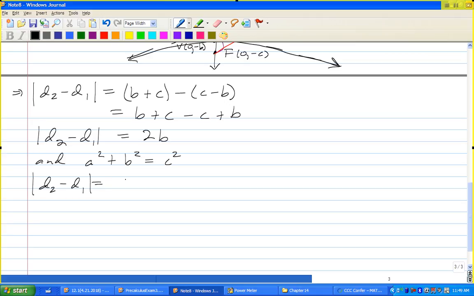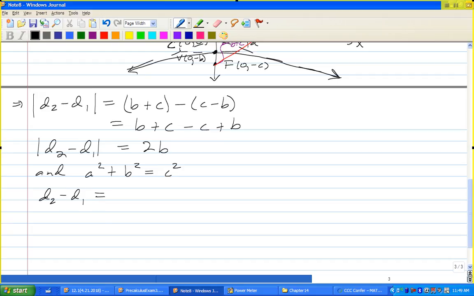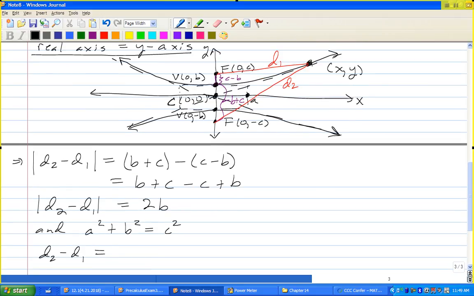Well, in this picture, d2 will be the square root of the difference of the x coordinates, (x minus 0) squared, plus the difference in the y coordinates, (y minus negative c) squared. d1 would be (x minus 0) squared plus (y minus c) squared.